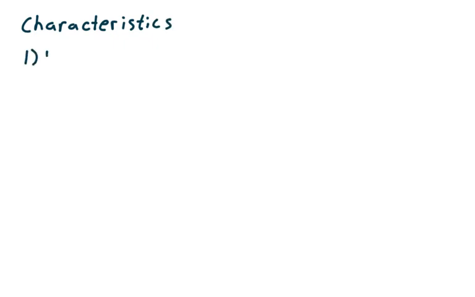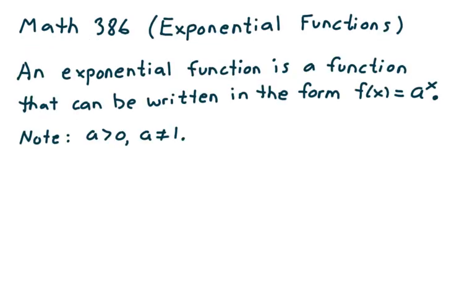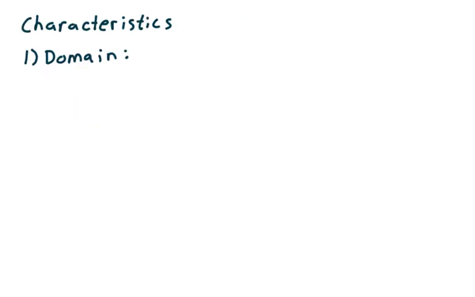So, number one, the domain. Think of the domain as all the possible values of x that the function can take on. So, in other words, all the possible inputs. The domain is negative infinity to infinity.